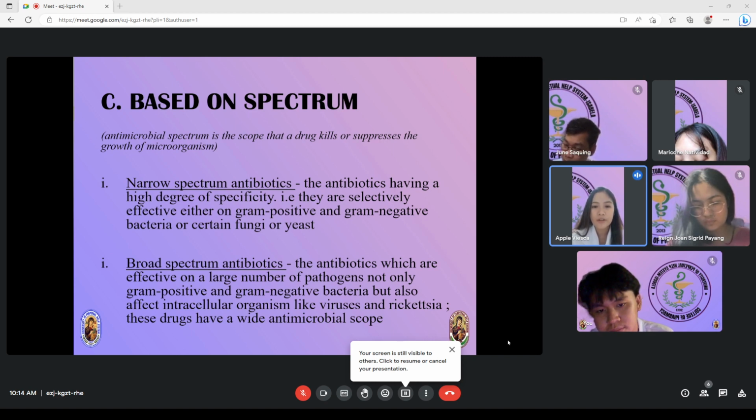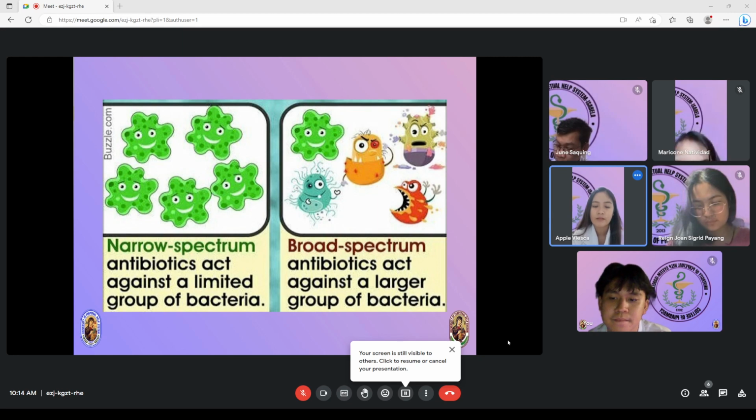Broad-spectrum antibiotics are effective on a large number of pathogens, not only gram-positive and gram-negative bacteria, but also intracellular organisms like viruses and rickettsia. These drugs have a wide antimicrobial scope. So, in simple terms, narrow-spectrum antibiotics act against a limited group of bacteria, while broad-spectrum antibiotics act against a larger group of bacteria.